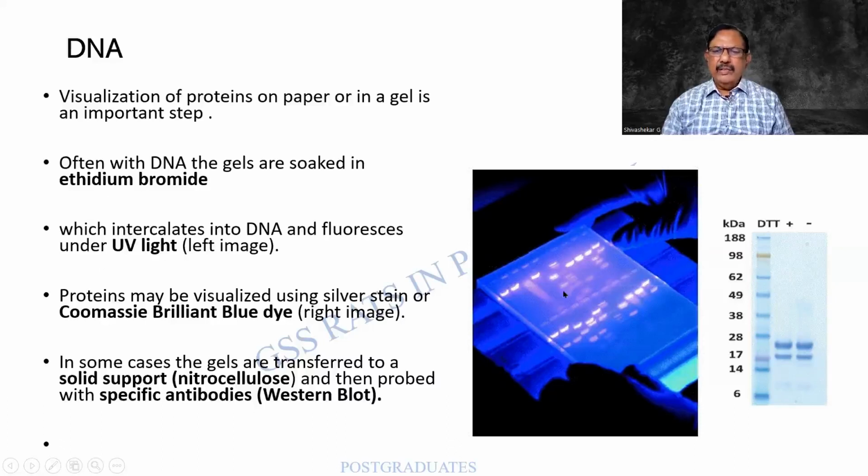I find that there is a fluorescence and then I can see the separation. Otherwise, it can be stained with Coomassie brilliant blue, as a result of which I can see the blue colored components which are getting separated. It can be a nitrocellulose membrane, or sometimes for antibodies we can use the Western blot technique.